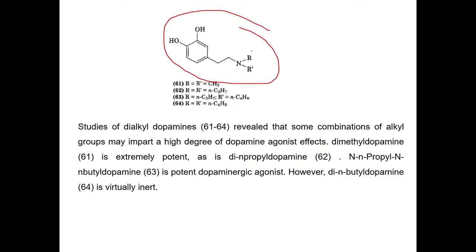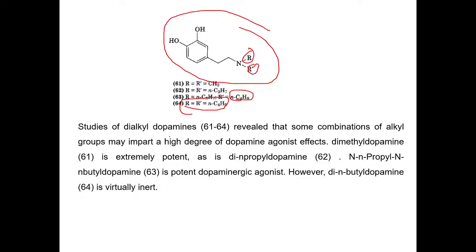In the first molecule, R and R dash were CH3 and CH3, and in the second, the methyl group was replaced with N-propane. In the third molecule, N-propane and CH3, that is, R dash was replaced with N-butane, and in the 4th structure, they replaced both propanes with N-butane.